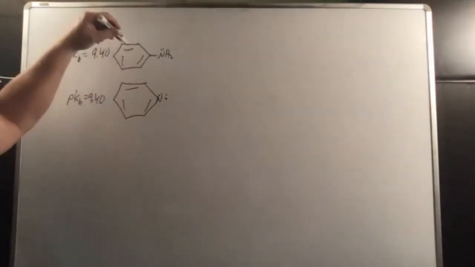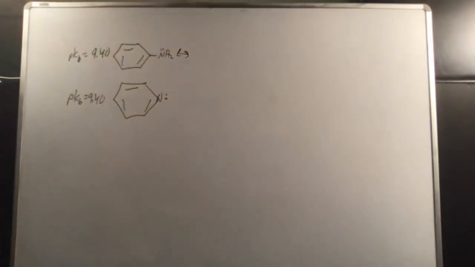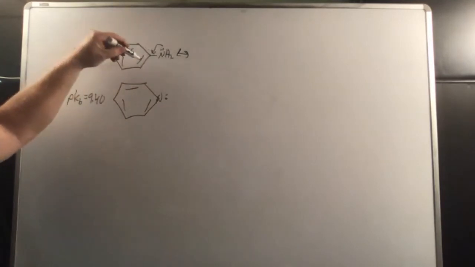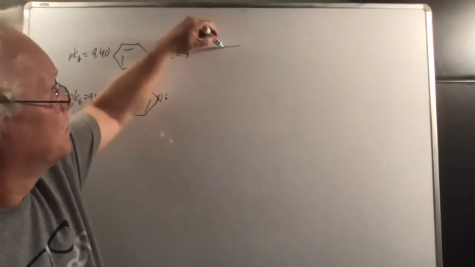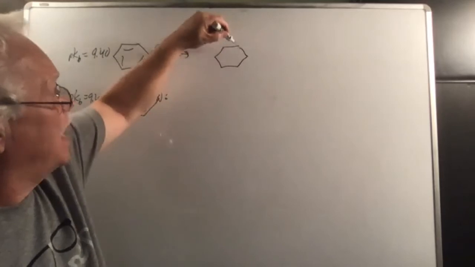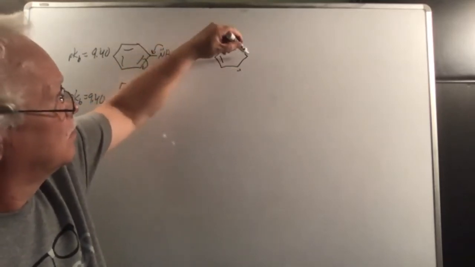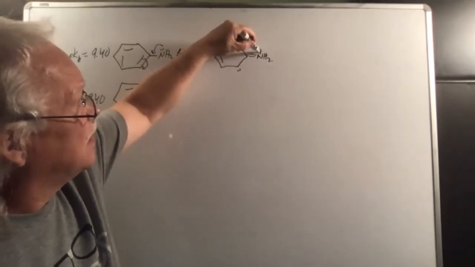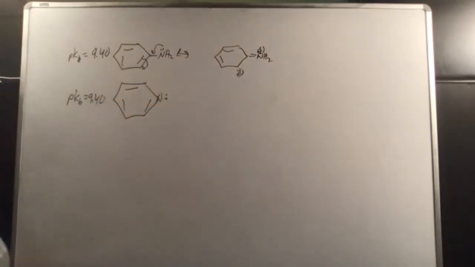And the reason is, I can draw resonance structures for that. Now watch this resonance structure. I can put that there, and then that pair of electrons there. So that resonance structure looks like this. Now the nitrogen has a positive charge and that carbon has a negative charge.